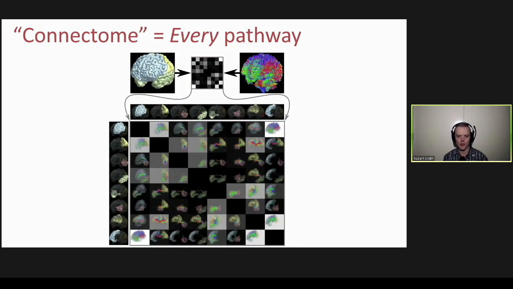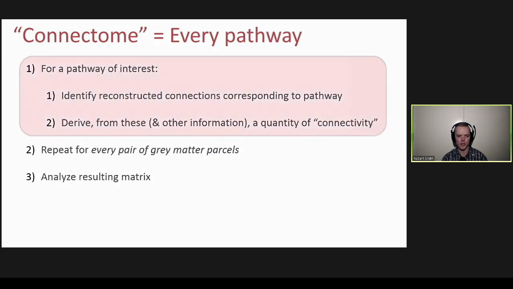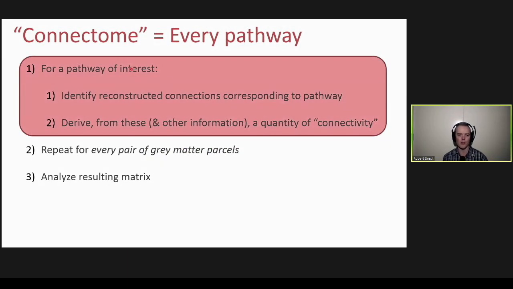So here's what it looks like if you try to visualize every edge in the connectome at once. But as I mentioned, the key thing I want to show here is that for the sake of genuinely understanding the framework of structural connectome construction, you really want to focus on this idea of, okay, I have a pathway, a white matter pathway of interest.